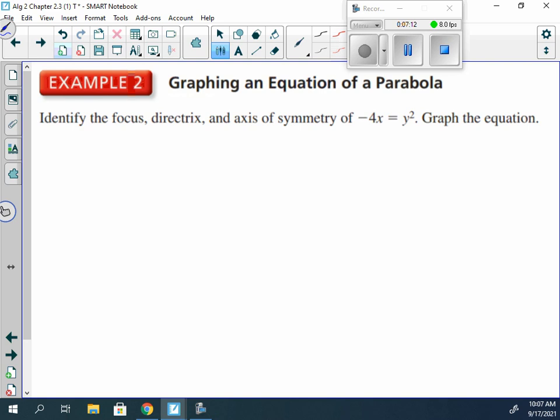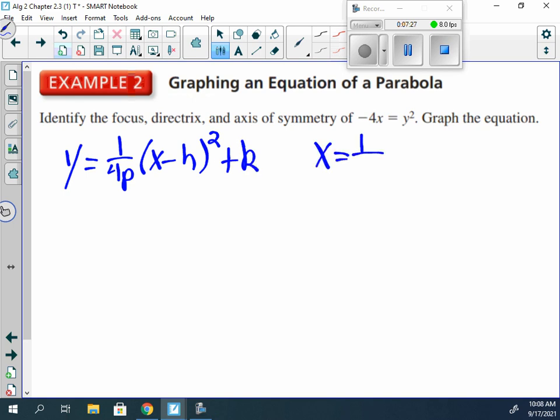We have y equals 1 over 4p, parentheses, x minus h squared, plus k, or we have x is equal to 1 over 4p, parentheses, y minus k squared plus h. What variable is squared? Y. Y is squared. So most likely, the equation that would have the y squared is the one we're going to work with.